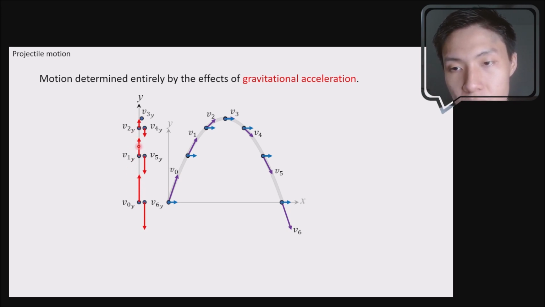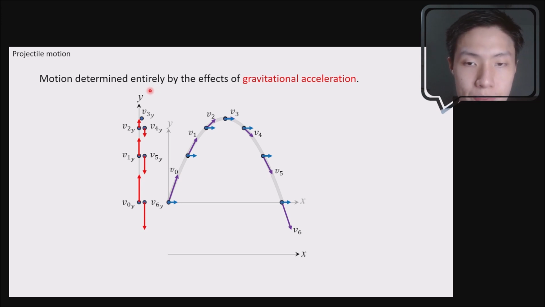So the distance traveled actually decreases with time until you reach the peak. Then when it falls down, the distance traveled increases per unit time, so it speeds up as it goes down. So this is what's happening on the y component when you are looking at the projectile motion.